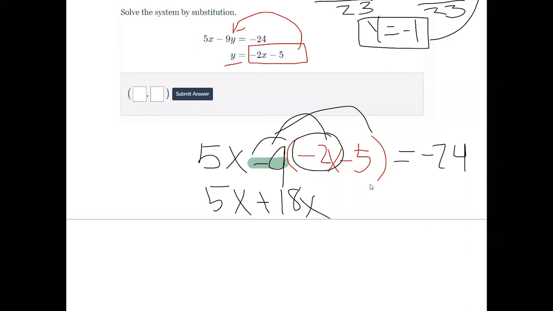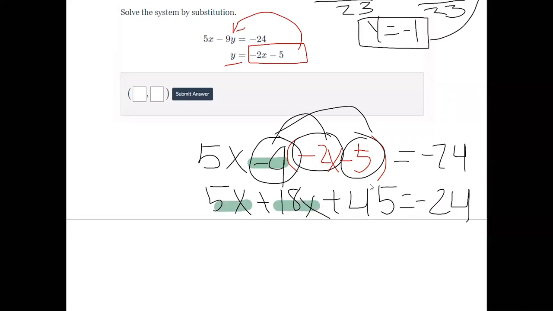And then just be careful, remember this is negative 9 times negative 5, because that's a minus 5. You almost want to treat them like two negatives. So negative 9 times negative 5, if you plug that in, is positive 45. So that's going to be a plus. Since these x's are on the same side, we can add them together. So that would be 23x plus 45 equals negative 24.